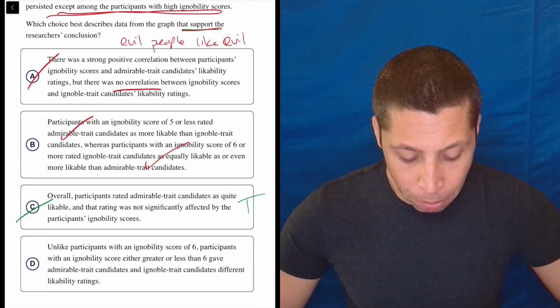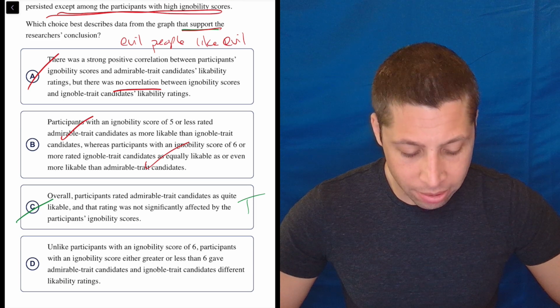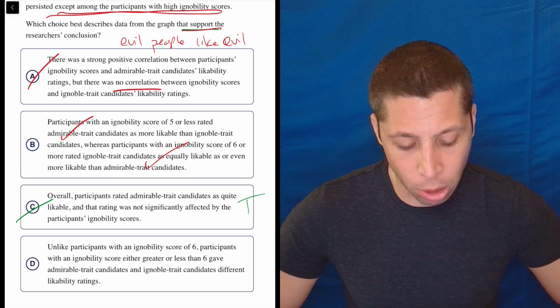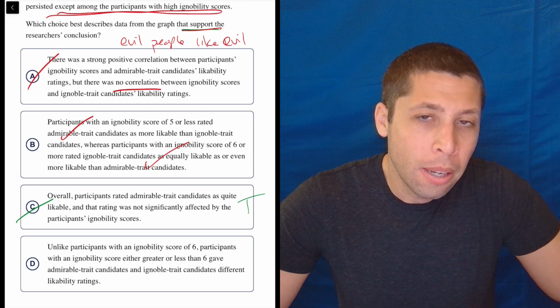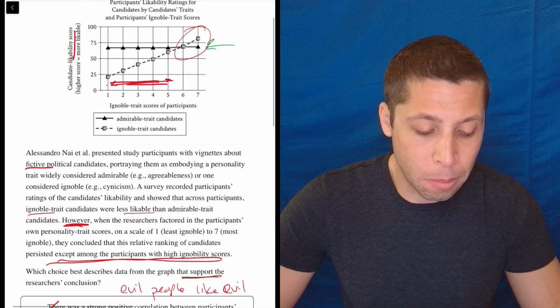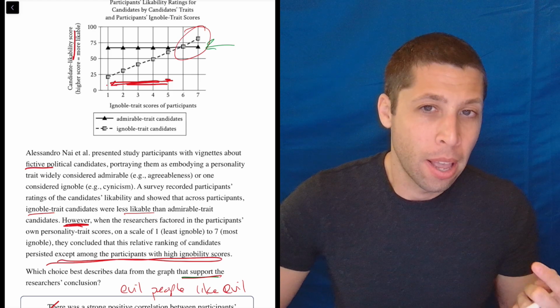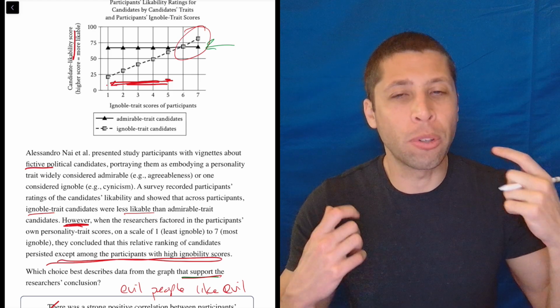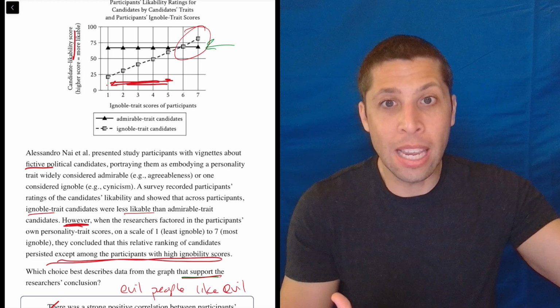D. Unlike participants with an ignobility score of 6, participants with an ignobility score either greater or less than 6 gave admirable trait candidates and ignoble trait candidates different likability ratings. Again, that's true because the 6 are the only ones where they seem to be equal, but they're lumping 7 in with 1 through 5. Because yes, they gave them different ratings, but what's really important for the passage is that the evil people ranked the evil people better, right?